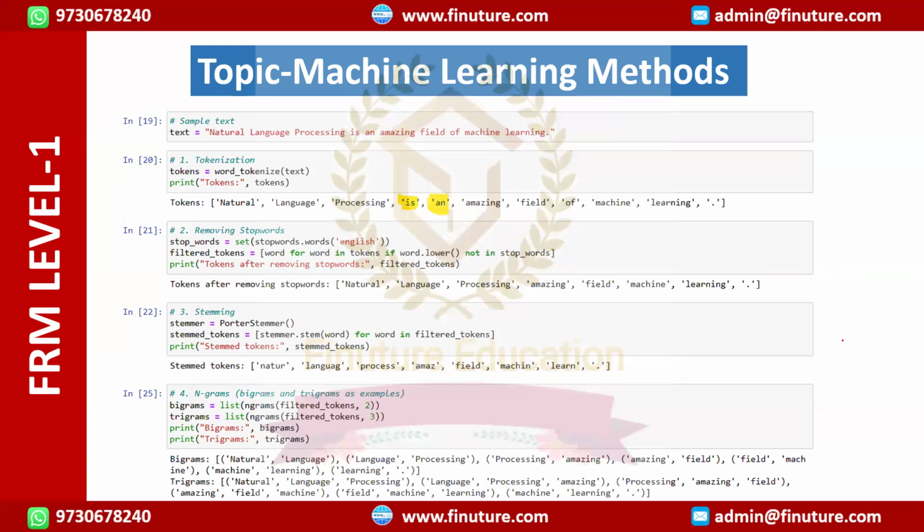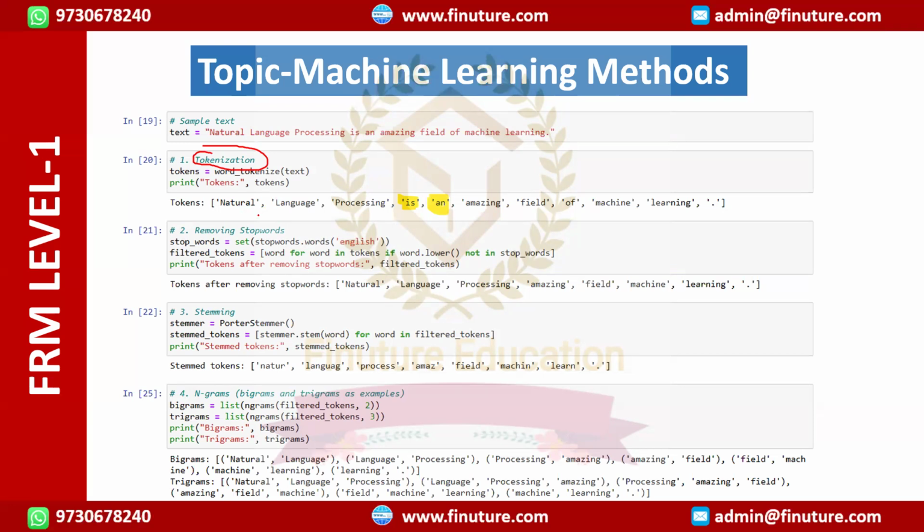So this is something interesting I was talking about at the beginning of the video. This is a Python script which gives you an example of, say, the first one that you see here, tokenization. In tokenization, the initial line is "natural language processing is an amazing field of machine learning." With tokenization, spaces have been removed.